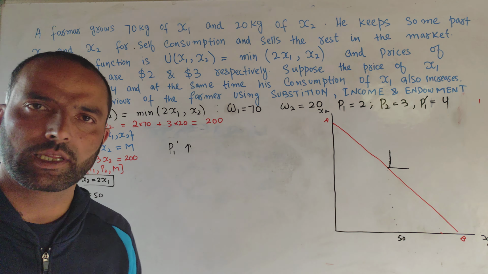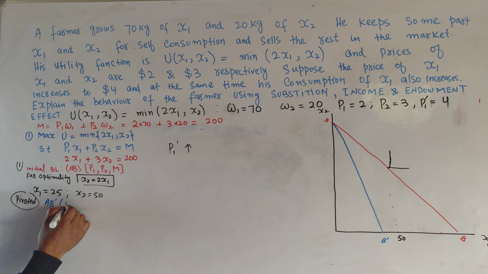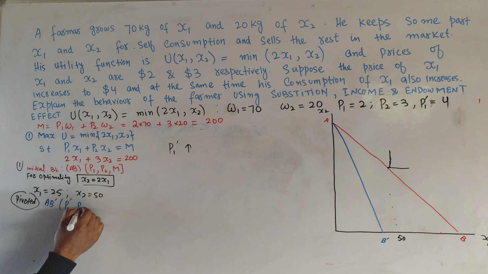So let us draw it here for the sake of simplicity. Let us say this is our pivoted budget line, AB prime. So AB prime will be a function of the new price of good x1. P2 will remain same, and income of the consumer is also same.